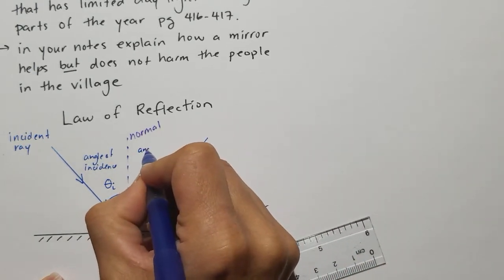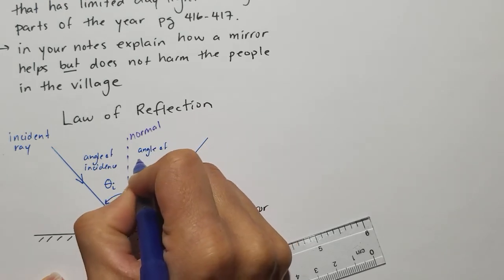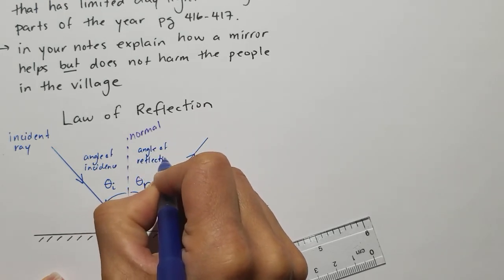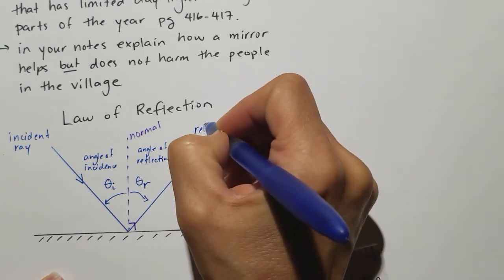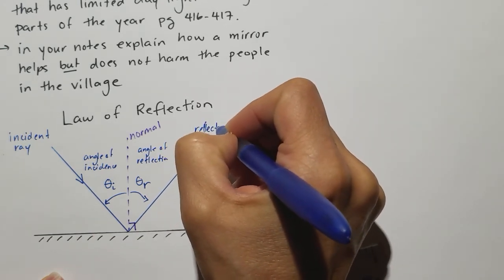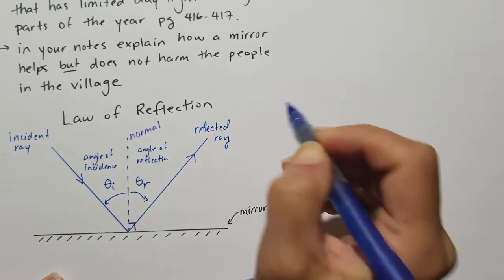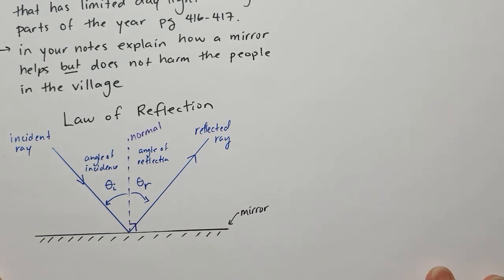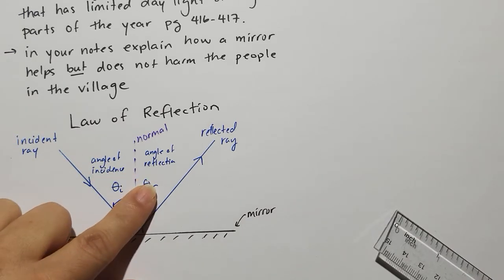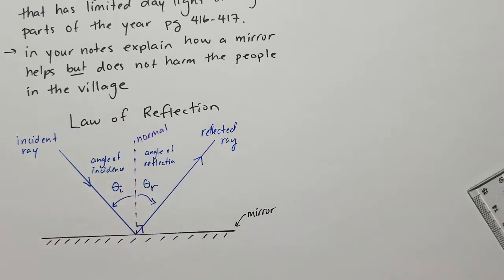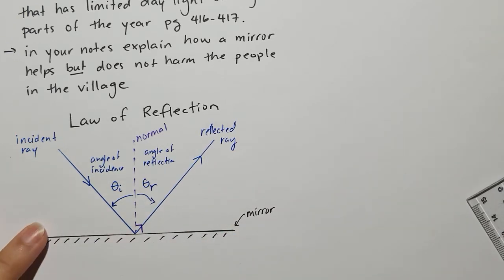This is the angle of reflection, and this is the reflected ray. So the angle of incidence equals the angle of reflection, and that's the law of reflection.